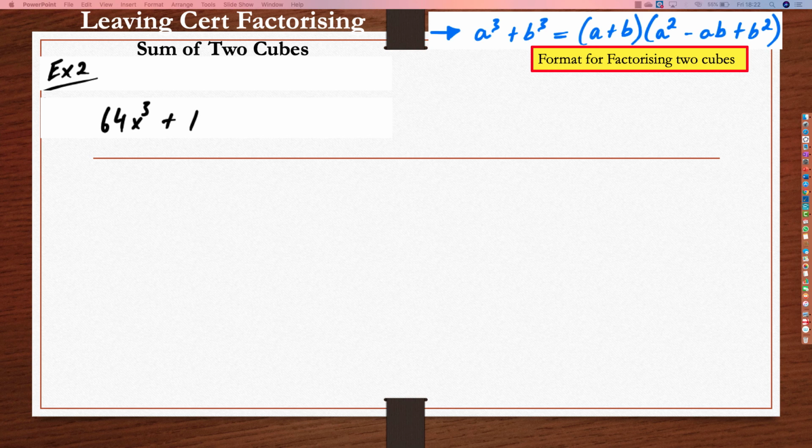So this is how it will appear in the leaves of there. You've got your 1 3 and then you've got the second pair. That should be a plus b times a squared minus ab plus b squared. That's what it is. That's the sum of two cubes over x plus b.